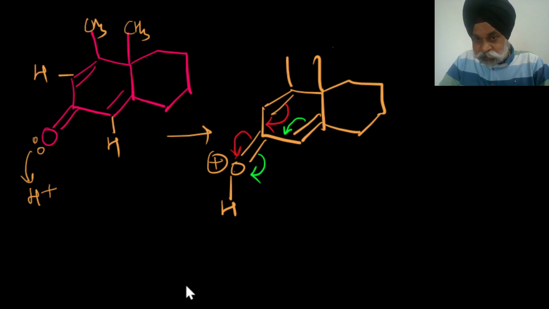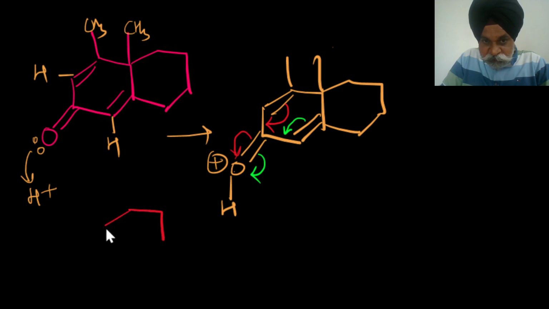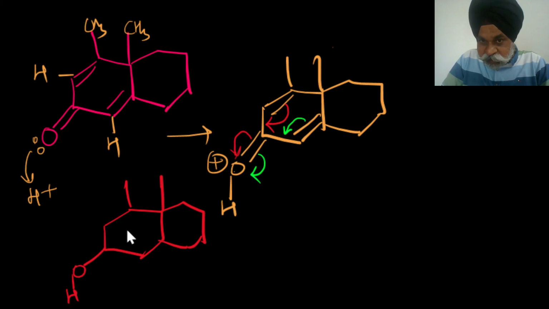So let us do both ways. If I go with the red direction, the way I have shown with the red marker, here you have methyl, methyl, and this now would become OH. And if you are going with the red marker, this bond goes here, this goes here, and the positive charge would come here.